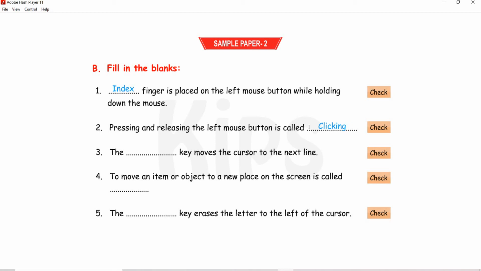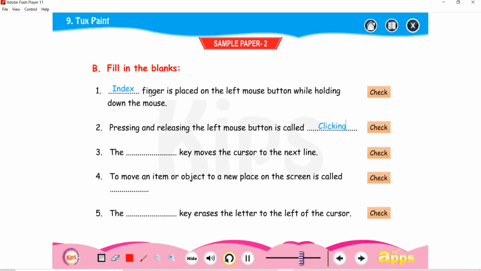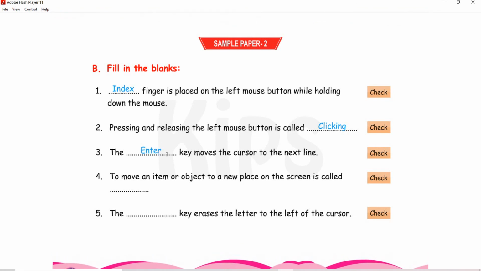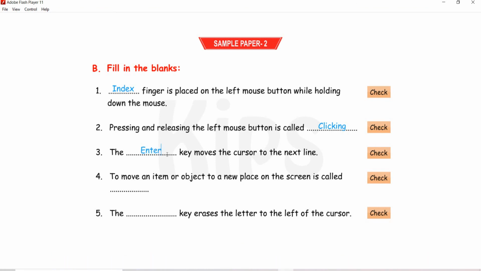If you want to open any item or icon, you have to double click on that item or icon. Next question, the dash key moves the cursor to the next line. The Enter key moves the cursor to the next line.